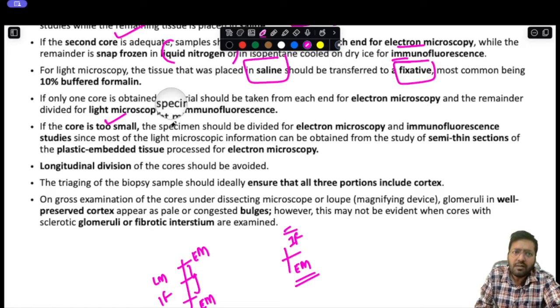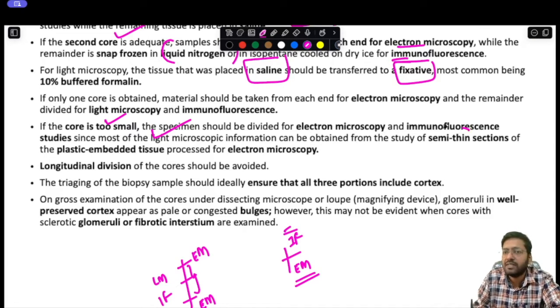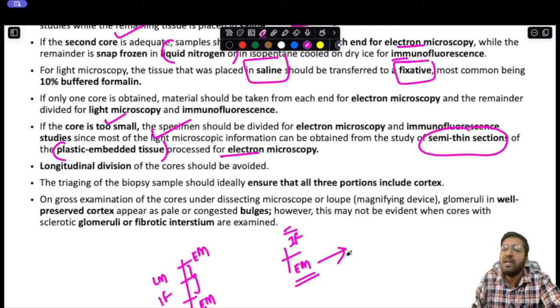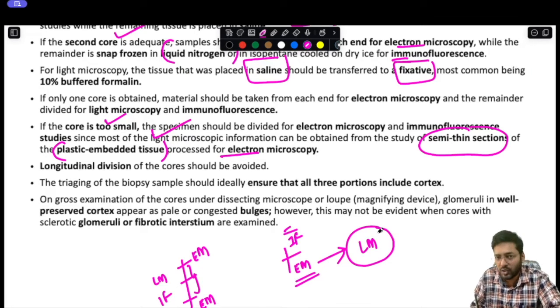Because most of the light microscopic information can be obtained from the study of semi-thin sections of plastic embedded tissue which is processed for electron microscopy. So if it is very small, you just divide it between immunofluorescence and electron microscopic study.